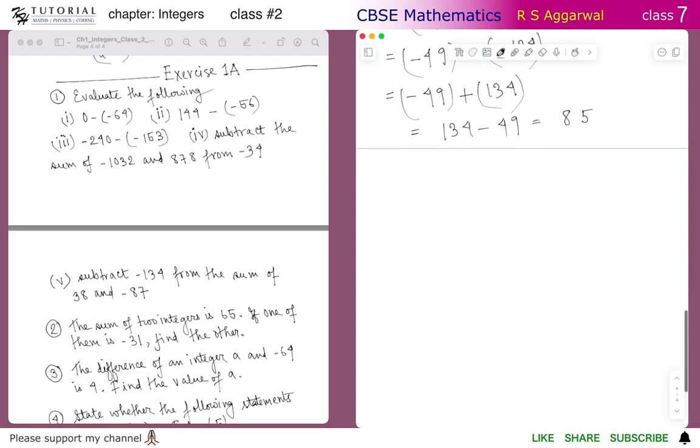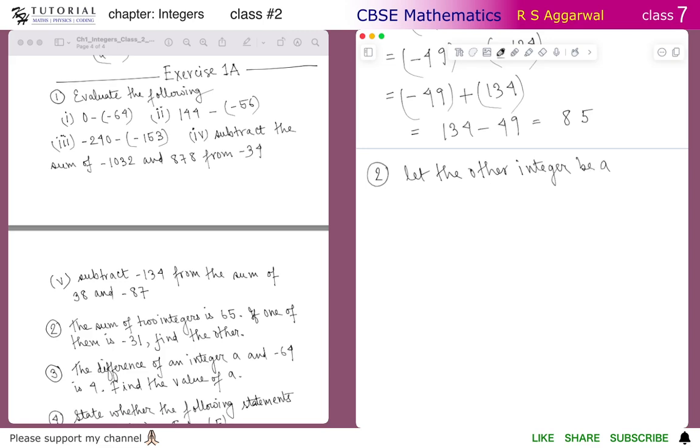Okay, what does question number 2 say? The sum of two integers is 65. If one of them is minus 31, find the other. Let's say we let the other integer be a.